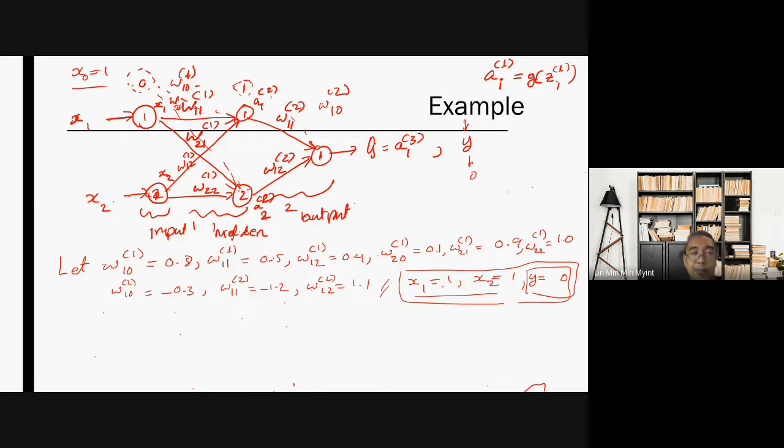So in every training process, the first thing we have to do is the forward calculation, forward propagation, to find this A1, or y-hat. To calculate this, let's start with layer 1.